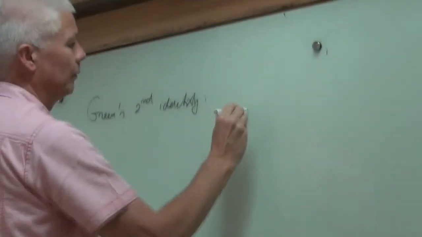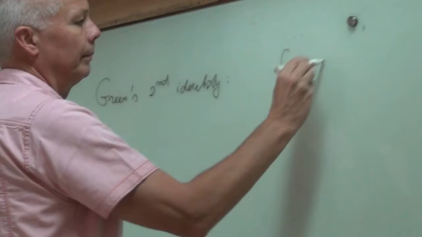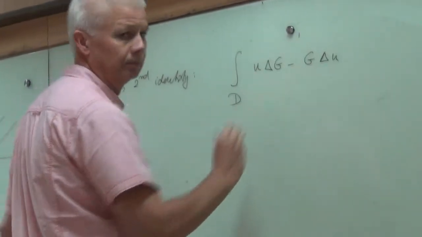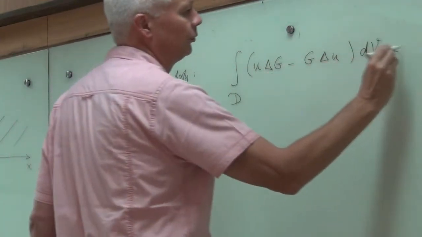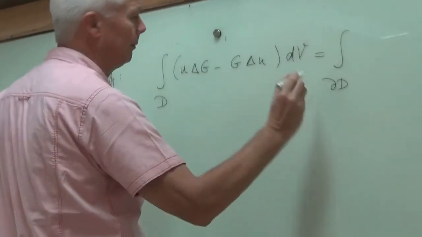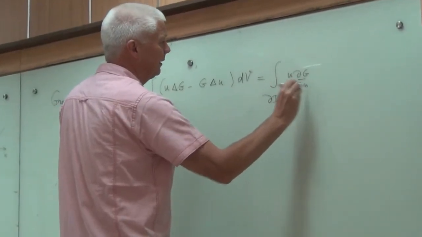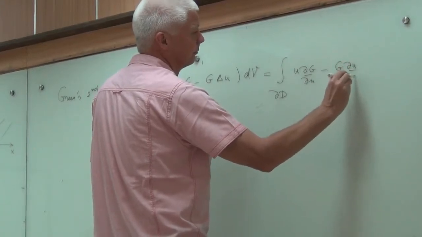What was it saying? Well, if you take the integral over your domain, u Laplace g minus g Laplace u dt, that was equal to the integral over the boundary of my problem of u dg/dn minus g du/dn.